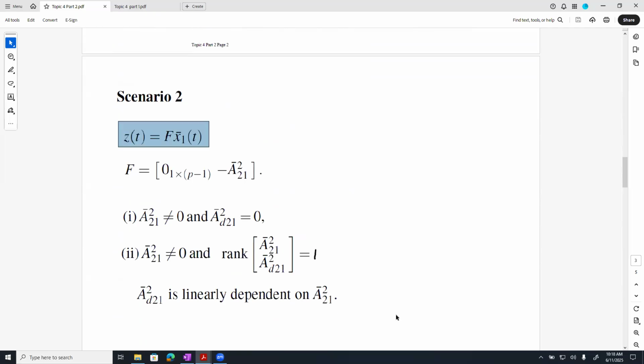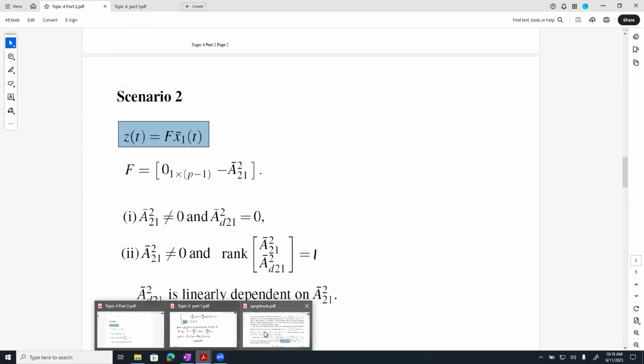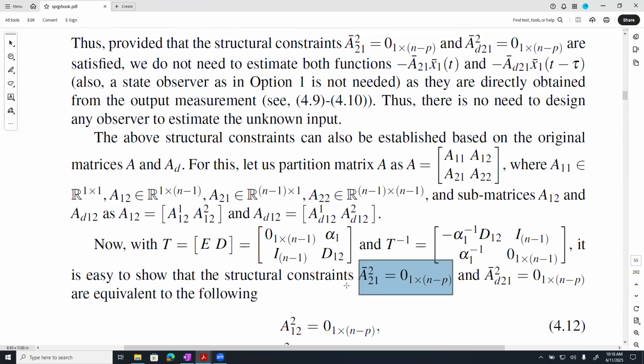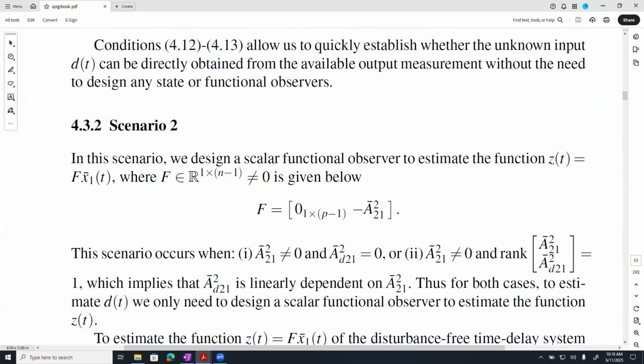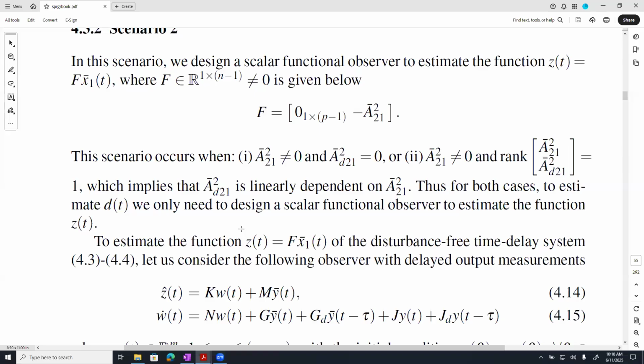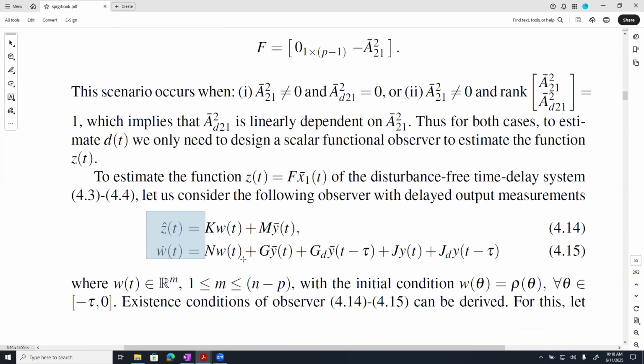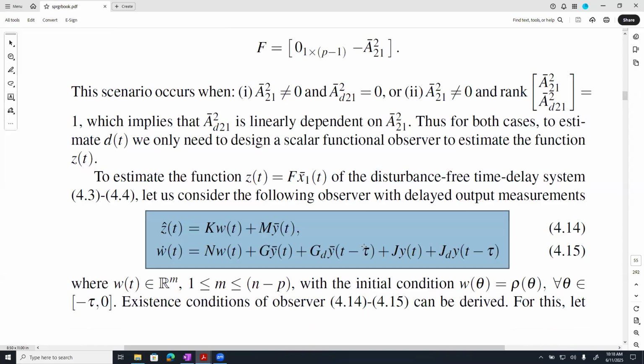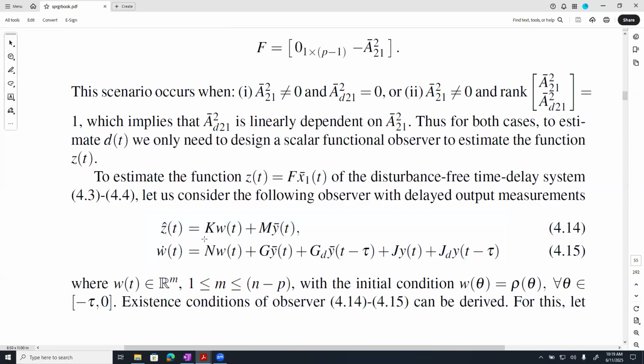And of course, when we come up with that functional observer, which is scenario 2 of our option 2, then what happens in there is it's just a matter of designing a functional observer for the disturbance-free time delay system. And that can be done. There are existing methods and observer structures available. They can range from the structure, for example, which is without internal delay. In other words, there is no N D omega t minus tau in there.